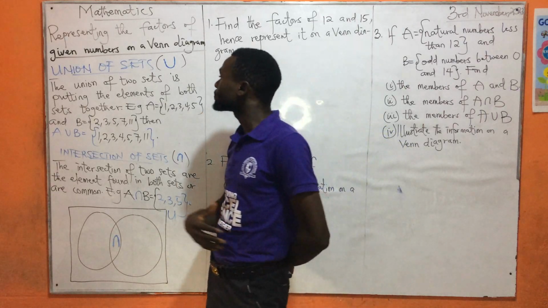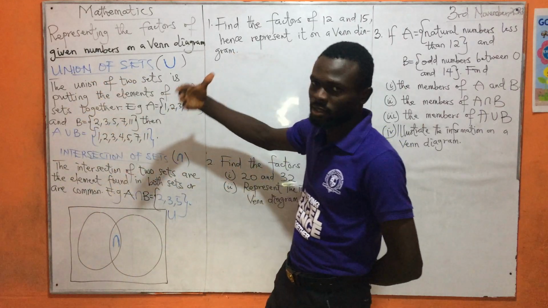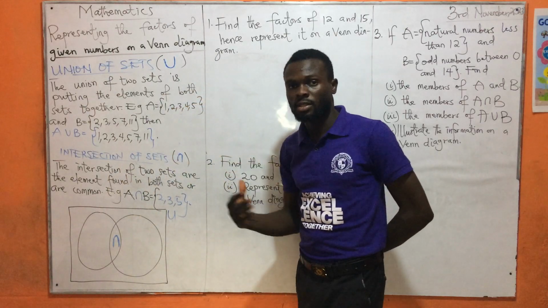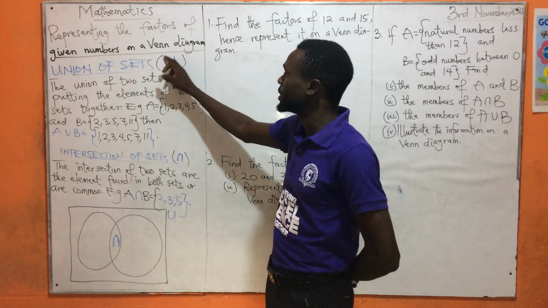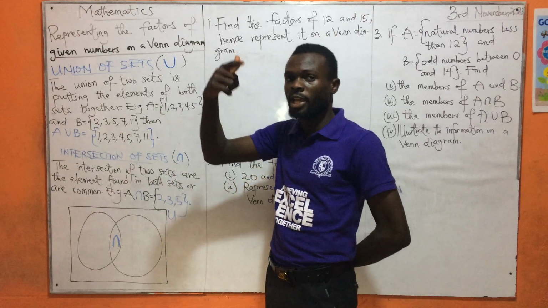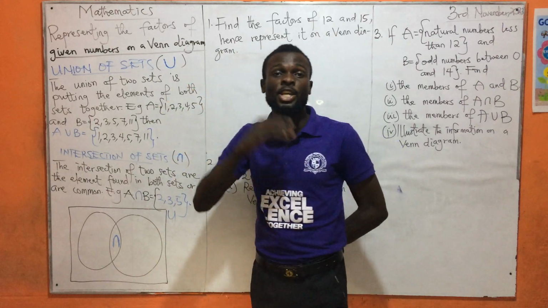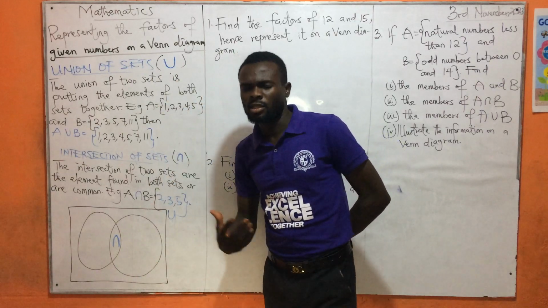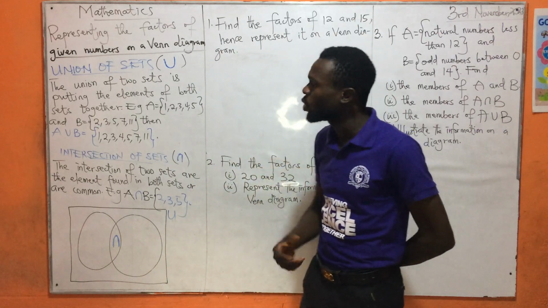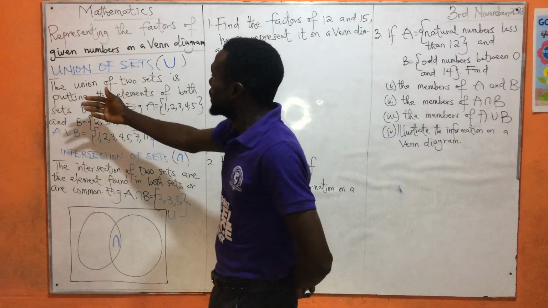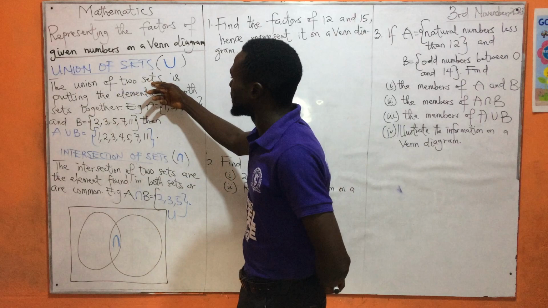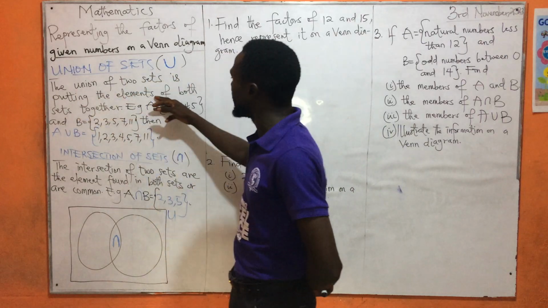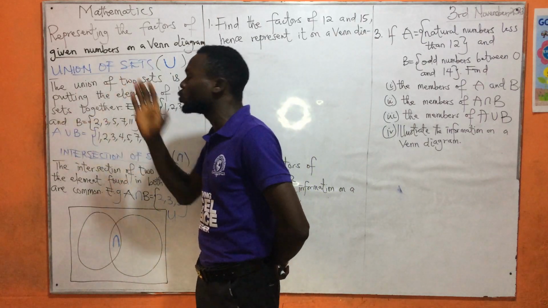So we have union of sets. Union is denoted by the letter U. Now, what is the union of sets? The union of 2 sets is putting the elements of both sets together.